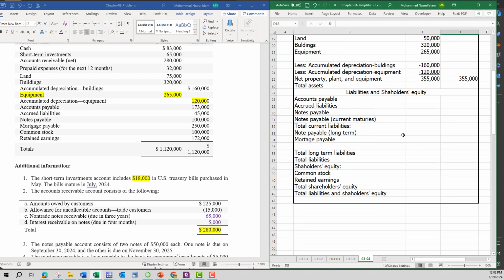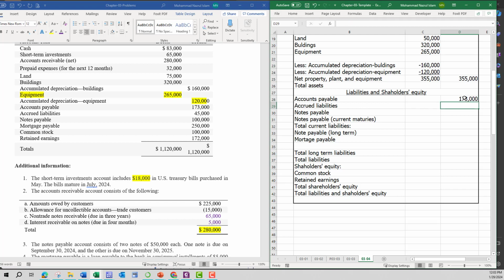Now let's go to the liabilities and stockholders' equity. The first thing is accounts payable, which is 173,000.